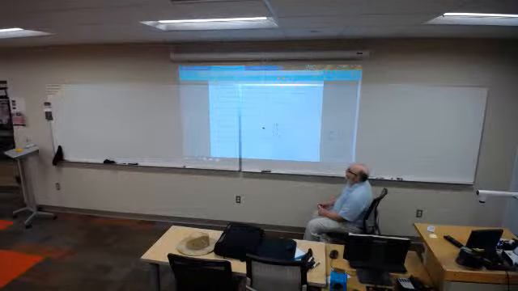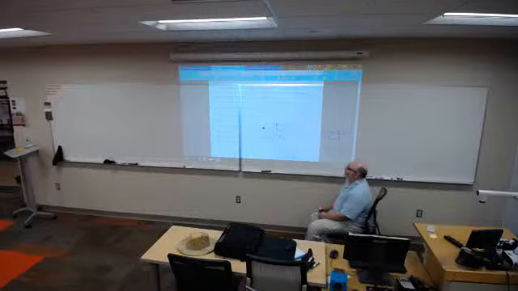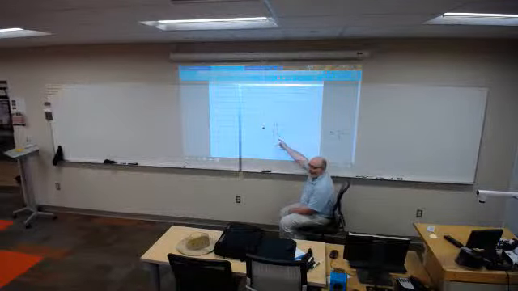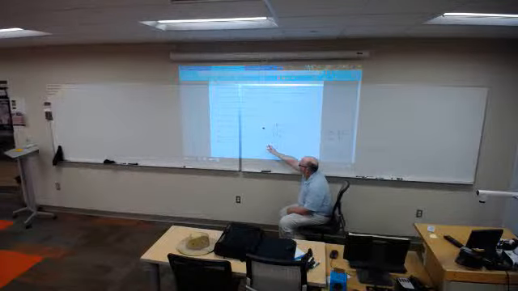No, 4x squared. What happens when I factor this? I get a 2, I get another 2, and I get an x. Those are all inside the cube root.